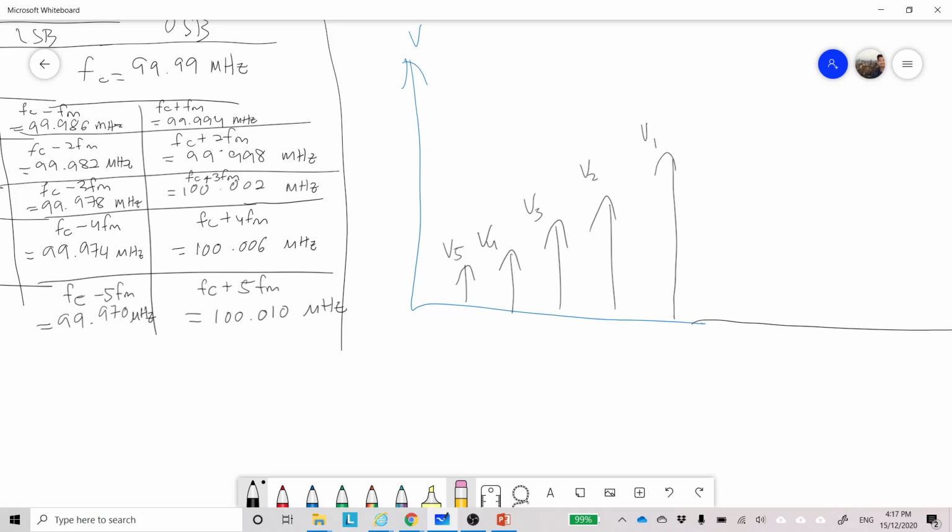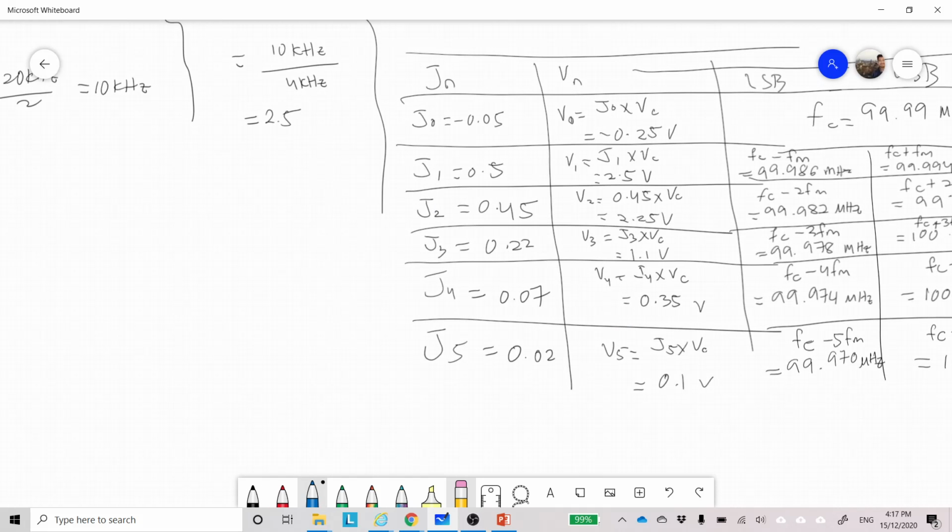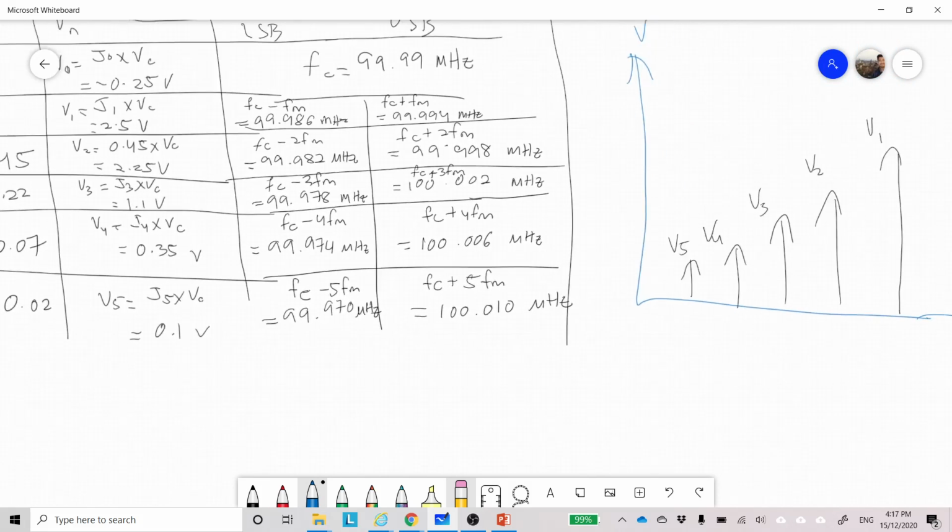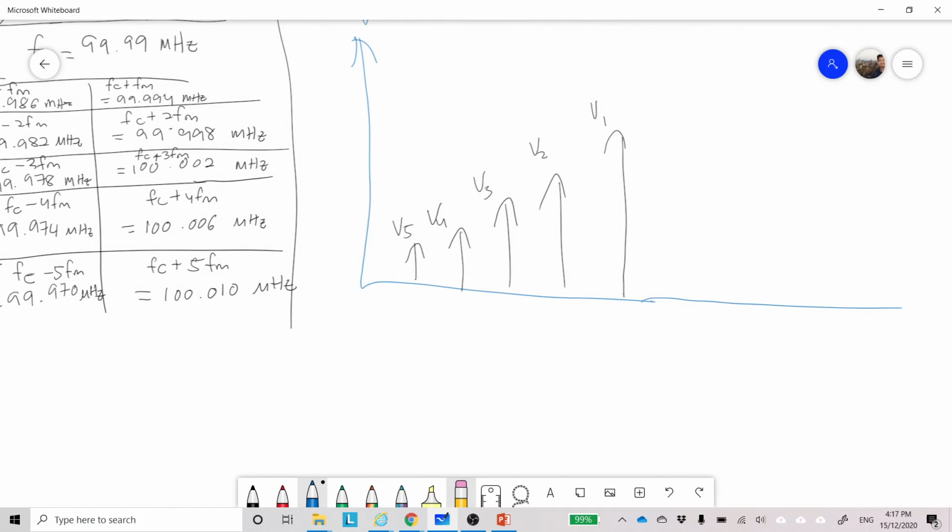Perhatikan V0 adalah negative. Okay, value dari segi negative. But when you draw the frequency spectrum, I suggest you to make it positive. Okay, make it as positive, which is V0 here. Okay, and then you have another V1. Okay, V1, V2, V3, 4 until 5.